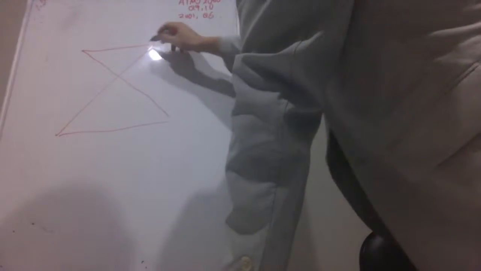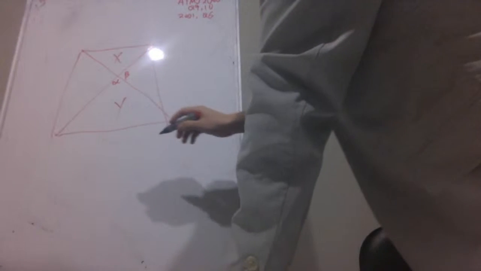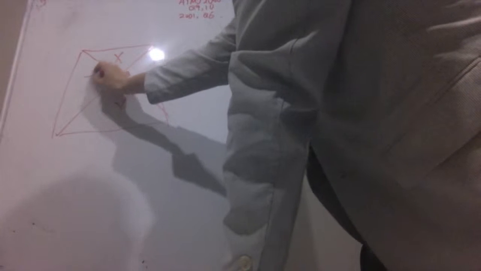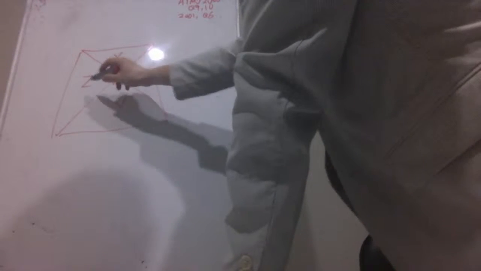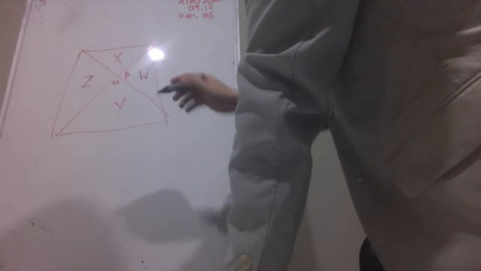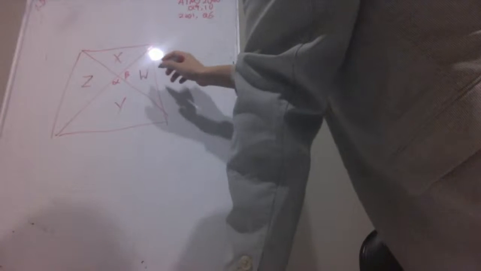So we call this alpha and this beta. This is your x, and this is your y, and maybe you can call this z. It's interesting that z and w have the same areas, because they're both equal to root xy. Obviously this is beta and this is alpha. Let's label the sides a, b, c, d.